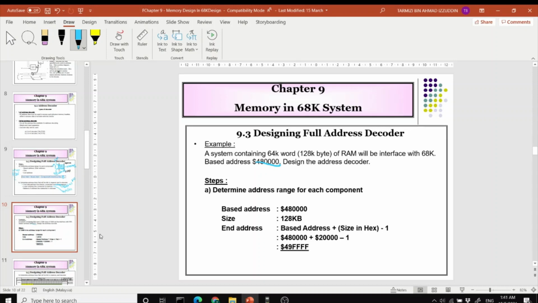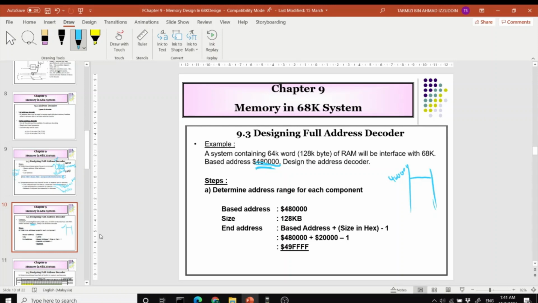So the first thing you need to do is determine the base address. The base address is 480000, meaning you have specified in your memory address system that the starting point of the memory address connected to the RAM is 480000.